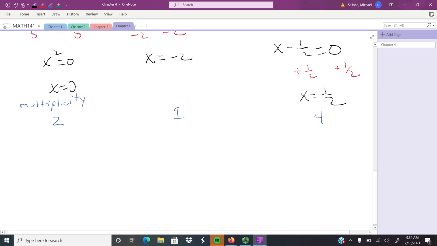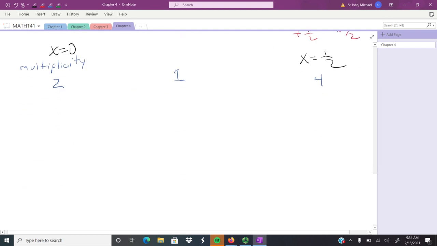Well, then we can talk about what does the graph of this thing look like. So we can make a chart. So we said our factors were the x plus 2, the 5x squared, the x minus 1/2 to the 4th power, and then our f of x.